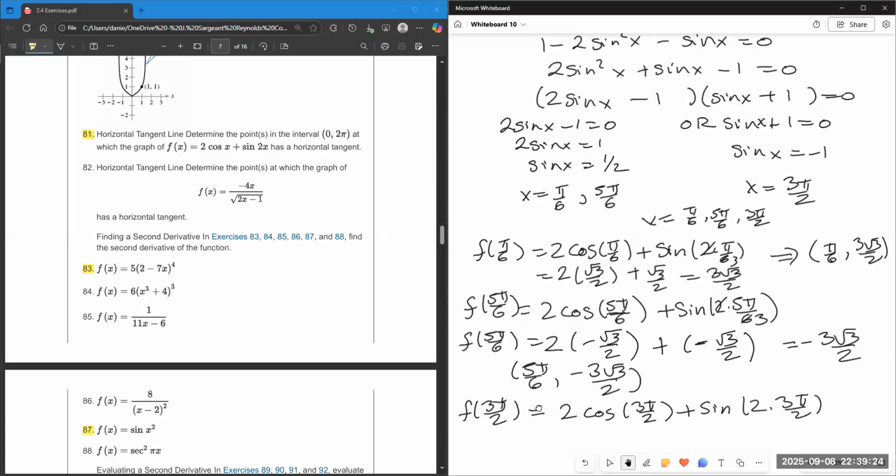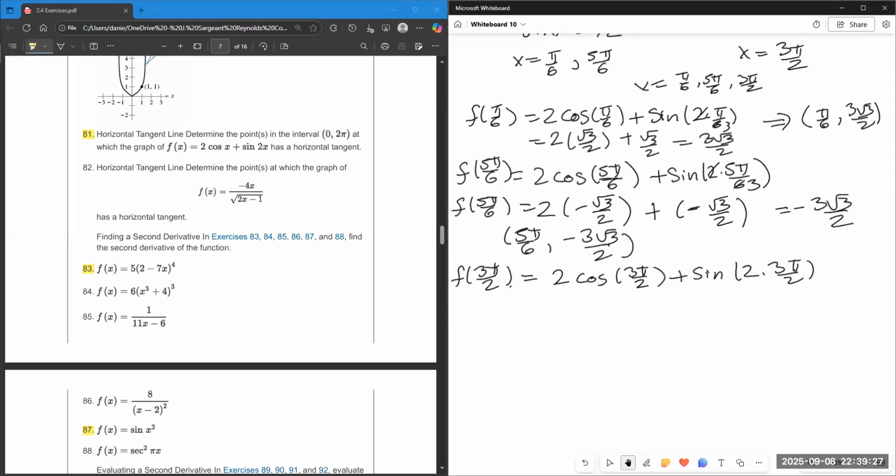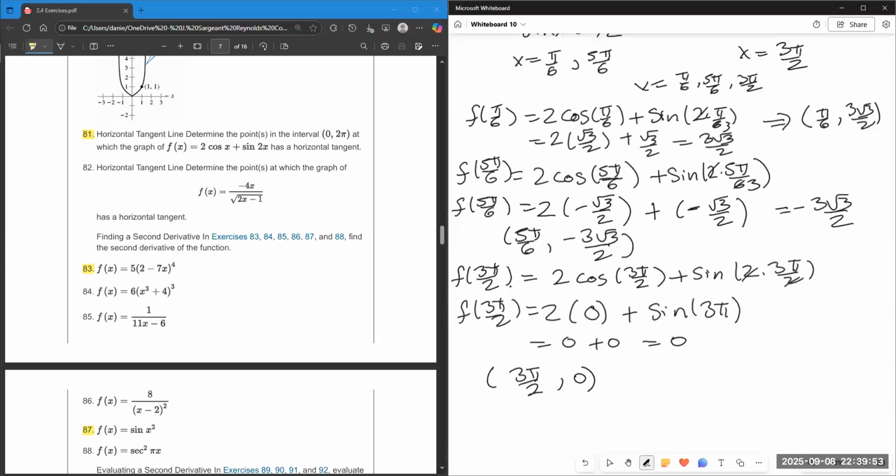So that is, cosine of 3 pi over 2 is 0. Sine of 3 pi is also 0. So that gives me a point of 3 pi over 2, 0 for a horizontal tangent.